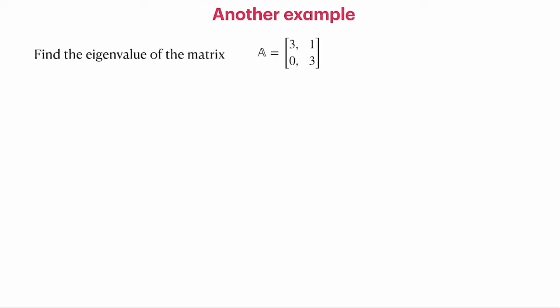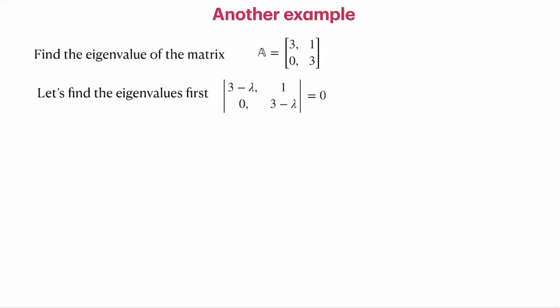Let's go ahead and see another example. Here again a matrix in R2 with the matrix A given as 3, 1, 0, 3. Let's find the eigenvalues first.